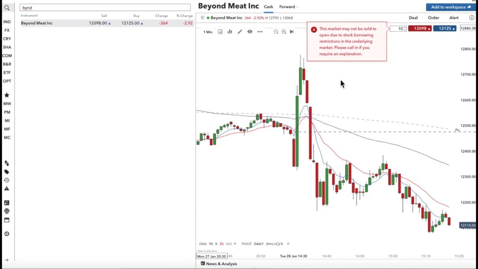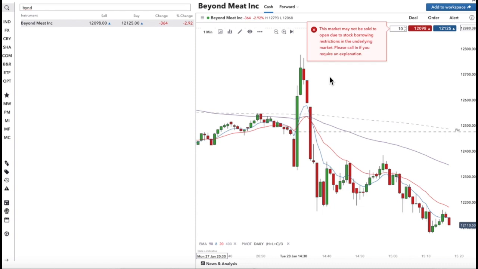And the reason for that is because I've got this message here. And it says, this market may not be sold to open due to stock borrowing restrictions in the underlying market. And that means that my order was rejected. And what does that mean? It means that this market isn't able to be shorted with this broker at this particular time.